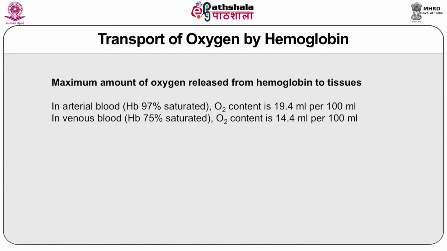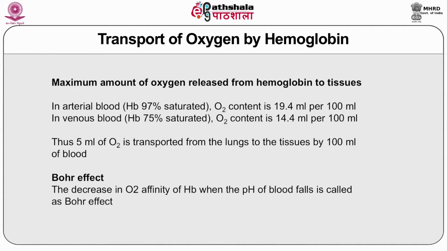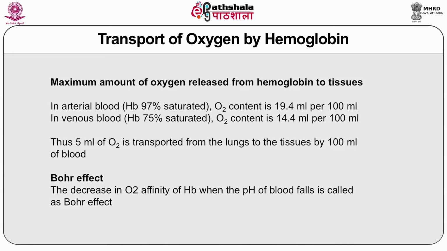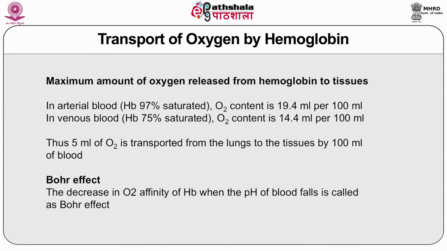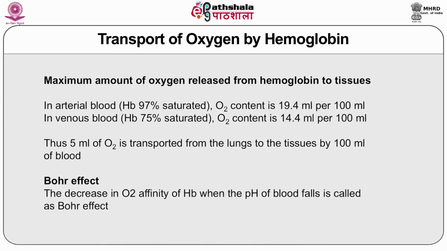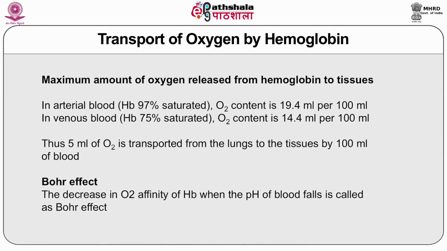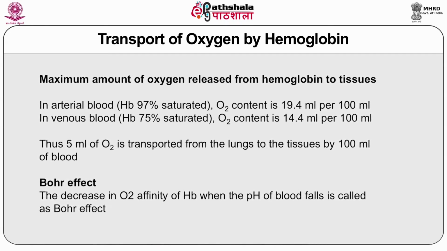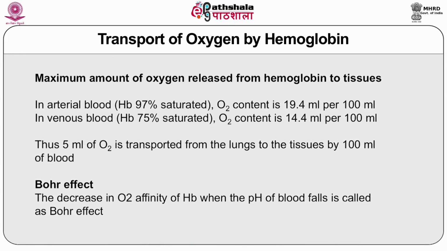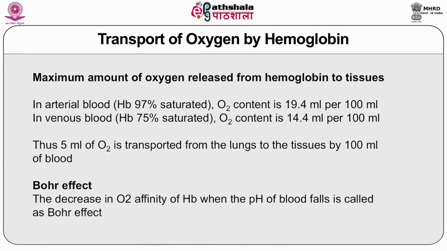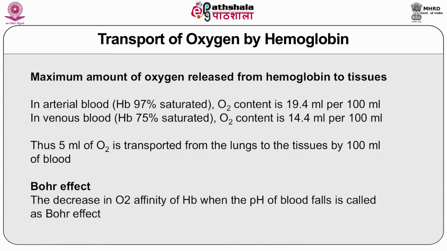In arterial blood, where hemoglobin is 97% saturated, oxygen content is 19.4 ml per 100 ml. In venous blood, where hemoglobin is 75% saturated, oxygen content is 14.4 ml per 100 ml. Thus, 5 ml of oxygen is transported from the lungs to the tissues by 100 ml of blood.